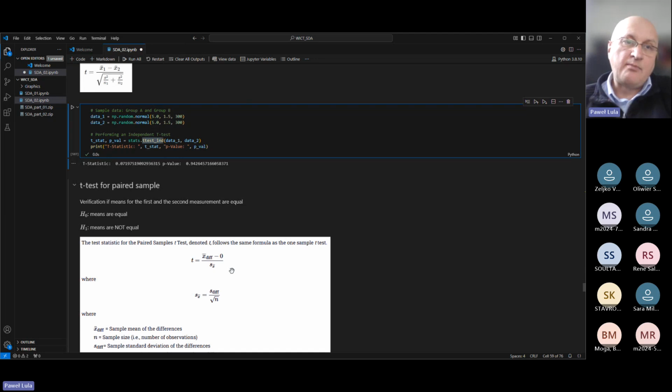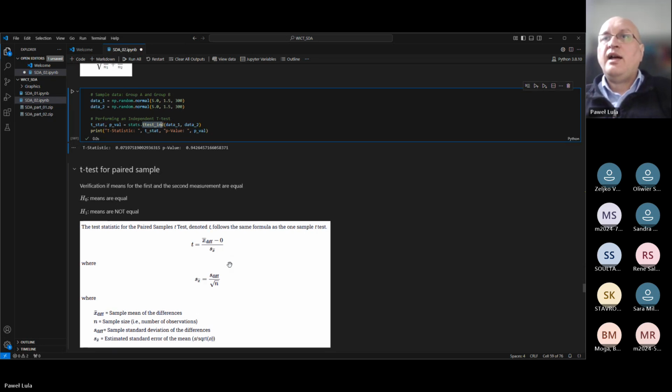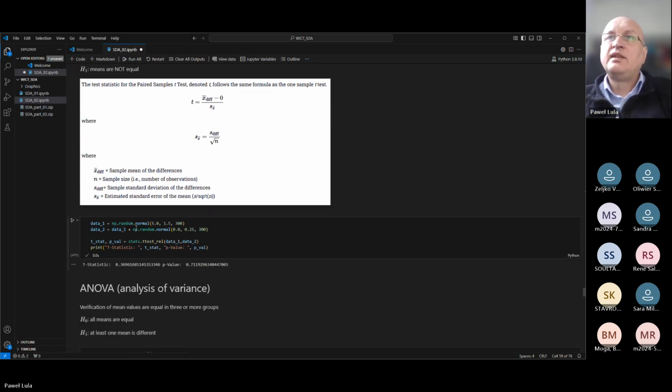For example, the number of points obtained by students before and after some lectures. Of course, after some lectures, the number of points should be higher. And here we can find some formulas, how this statistic test is defined, and the examples here.